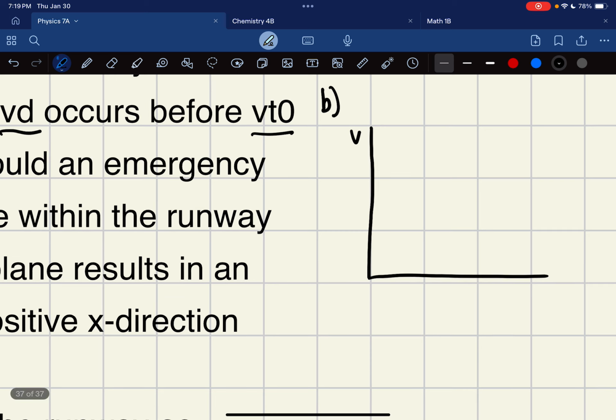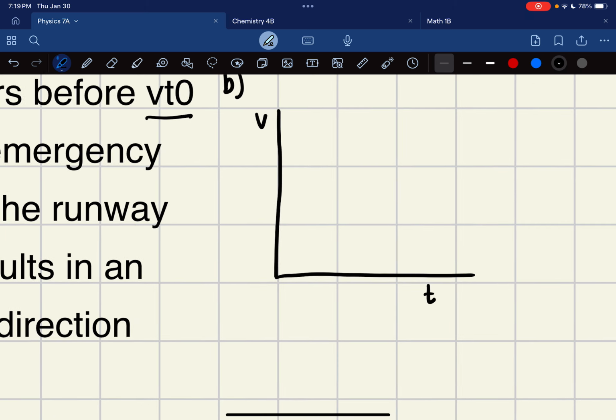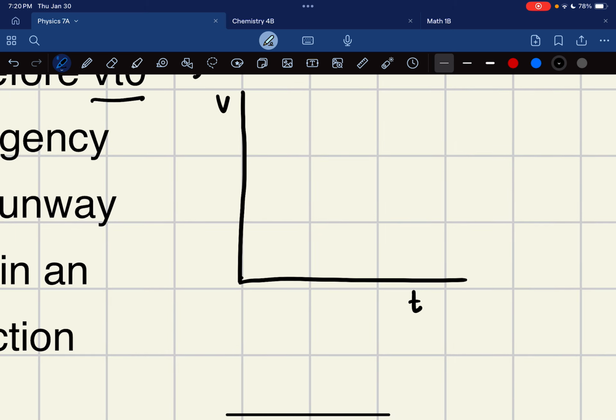If this is velocity and this is time, we start off accelerating up to a point which is going to be VD, at some random time.